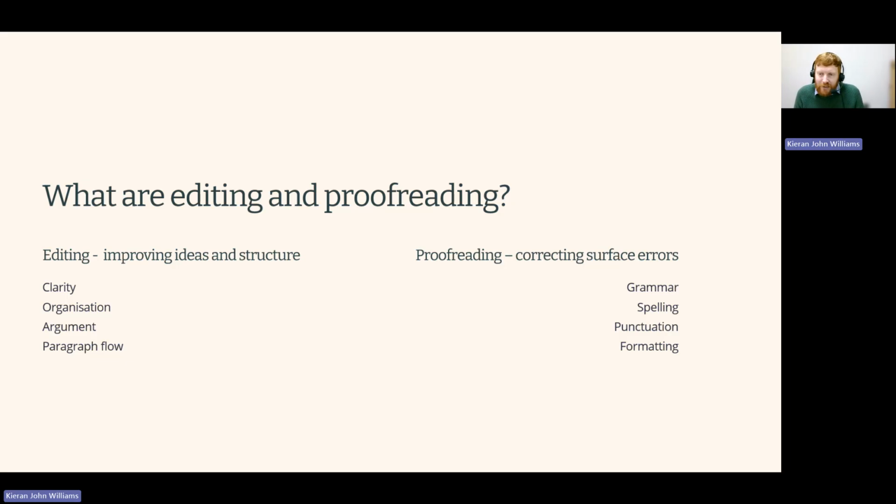Because there's no point correcting your grammar in a paragraph that you then later delete or rewrite. So you've got to make sure that your ideas are correct first before checking the spelling, the grammar, punctuation, etc. So it's best to think of editing as improving the quality of your ideas, and proofreading is then polishing your language afterwards.